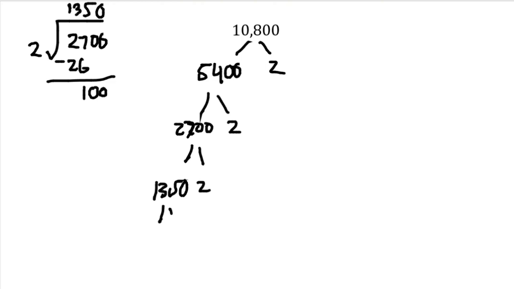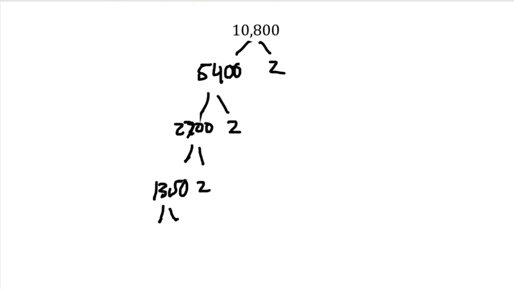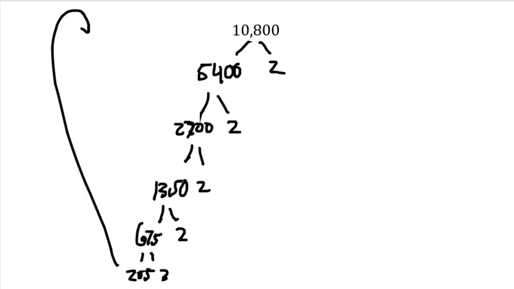We all know that 1,350 can be divided by 2, and this is around 675 times 2. Let's try to divide this by 2 again. It will be around 135 times 5, and 135 can be broken down to 27 times 5.